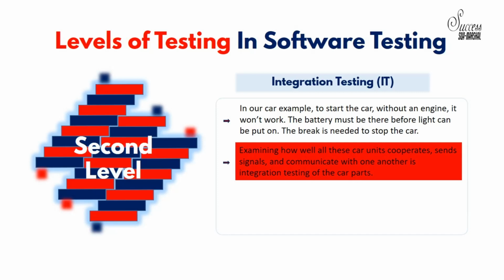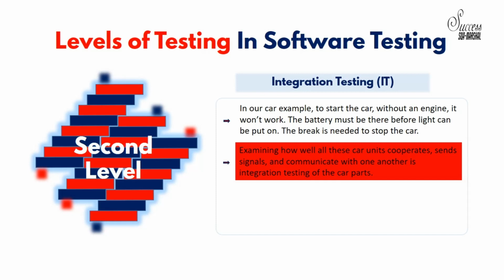of the car parts. So, in the previous video, I talked about the different parts of a car, right? The car start engine, the lighting, the brake, and some other parts of the car.